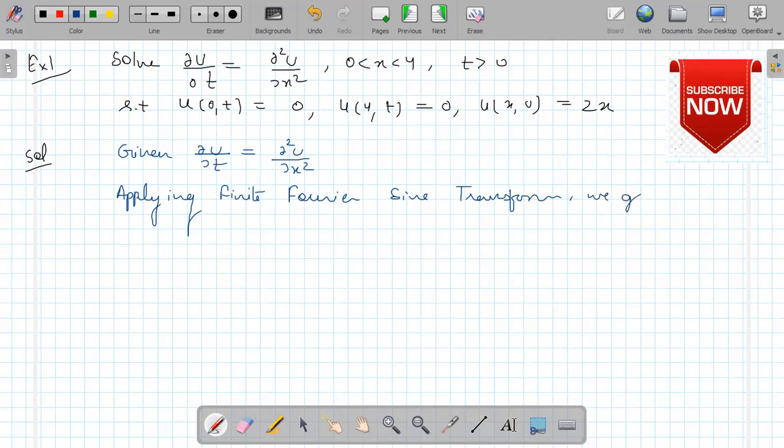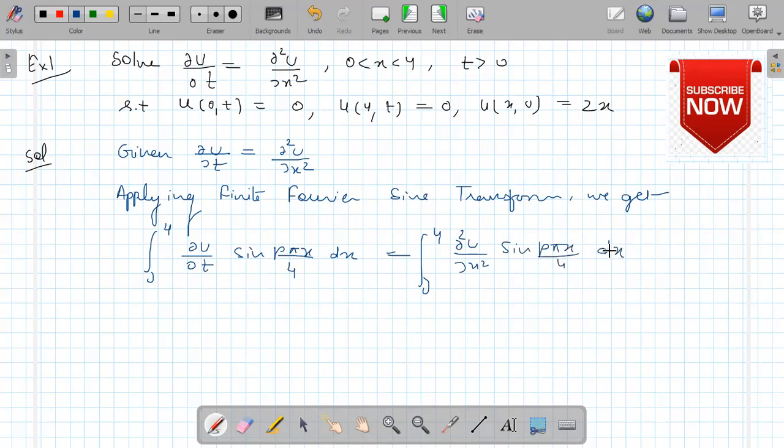We get integral 0 to 4 del u by del t sine p pi x over 4, equals integral 0 to 4 del 2u over del x square sine p pi x over 4 dx.